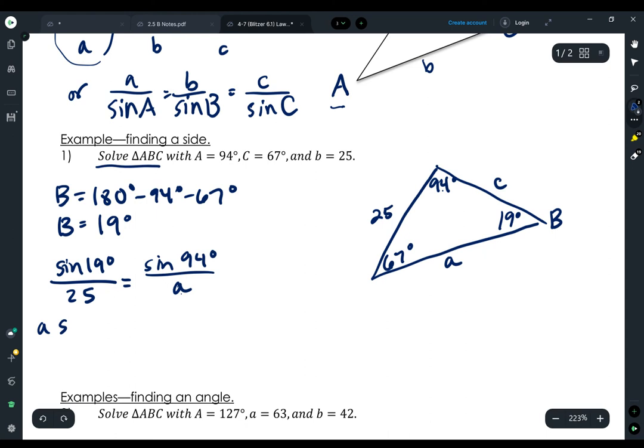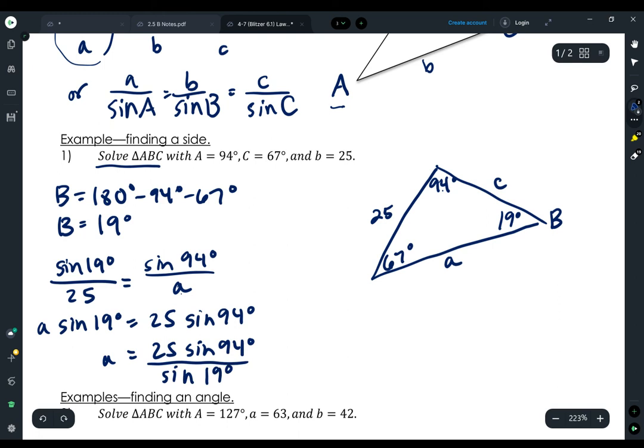So I'd have A sine 19 degrees equals 25 sine 94. And then to get A by itself, I'd have to divide by the sine of 19. And so A is going to equal, when I plug this into a calculator, 76.6. So I've got my angle and my side so far.